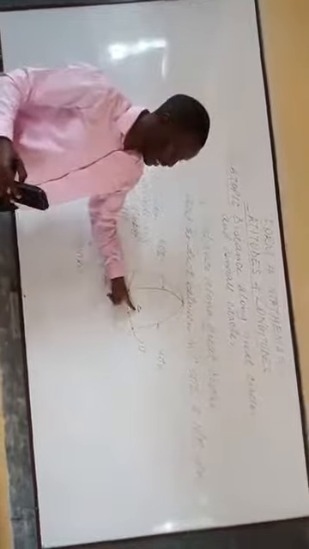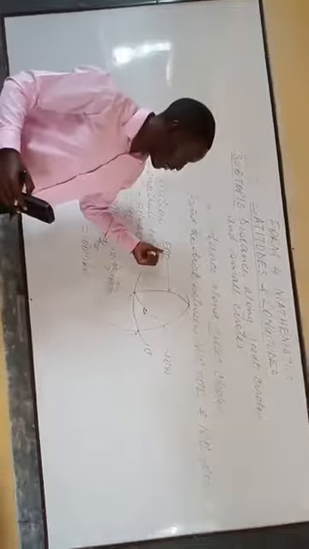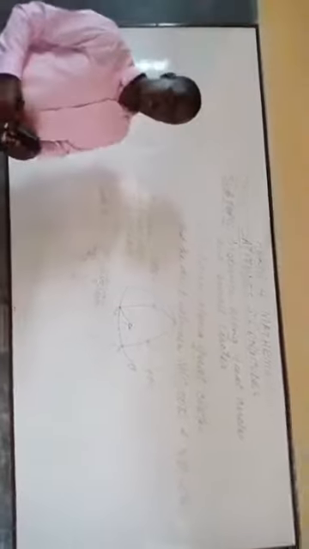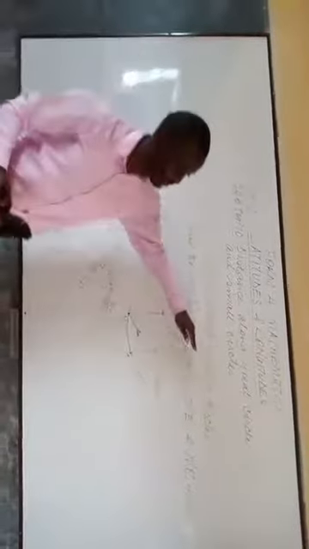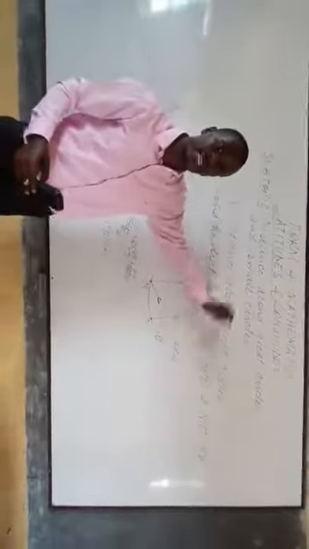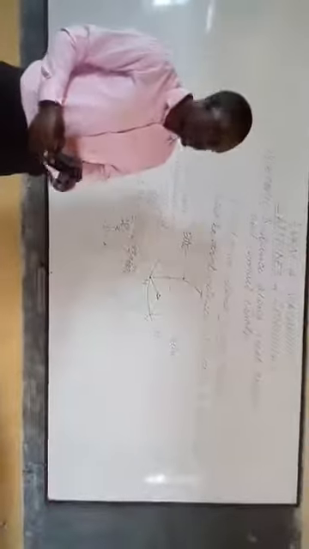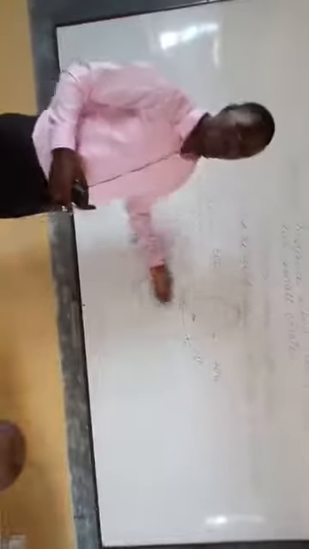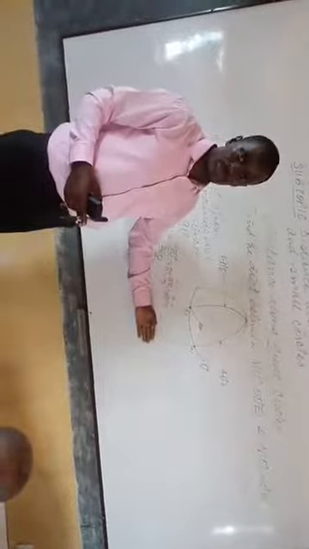So for us to get this angle here, we will add 50 to 40 to give us 90 degrees. So as far as the great circles are concerned, on the latitudes, it is only the equator that falls in that category of great circles. So next, we are now going to look at great circles that fall on the longitudes.